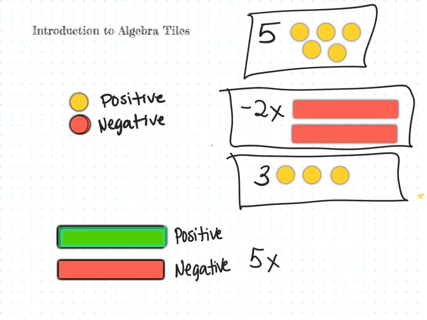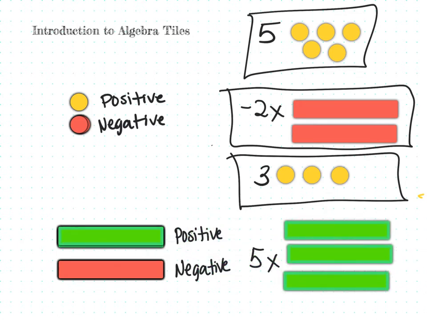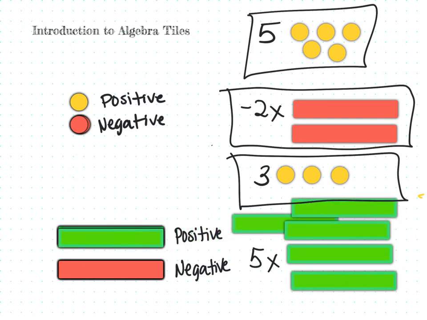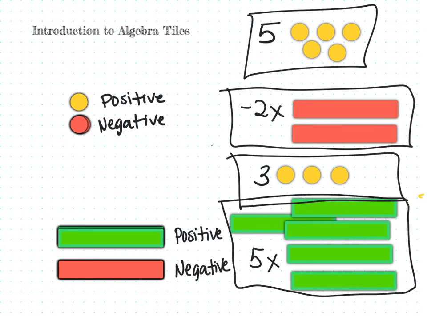So again, since this is a variable, this is a letter, I'm not going to use the circles, I'm going to use the rectangles. And since it's positive, that means that I need 5 positive rectangles. Oops, I think I'm going to run out of space. 1, 2, 3, 4, 5. Sorry, kind of ran out of space right there. But 5 positive rectangles make my 5 variables.